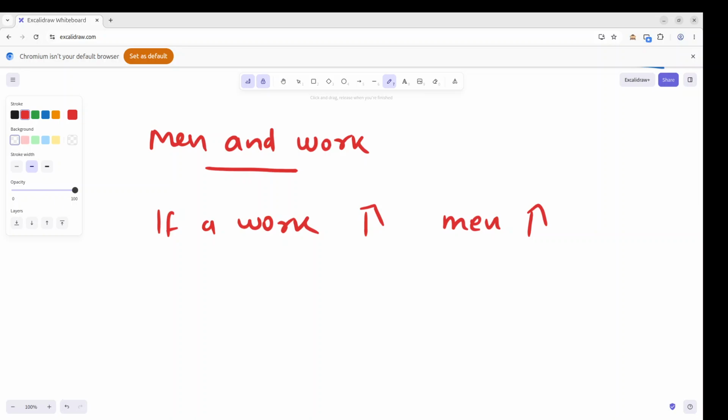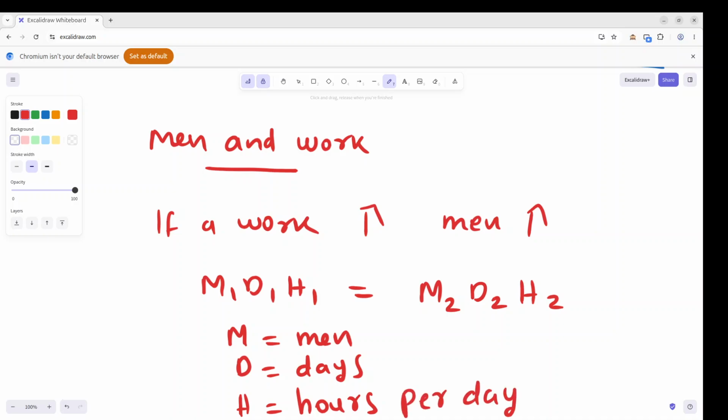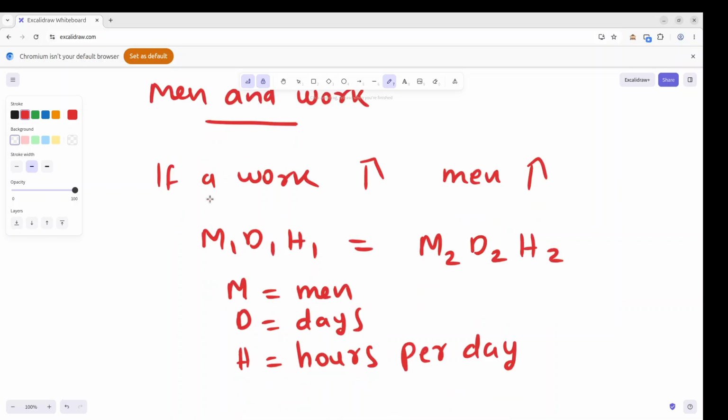So the formula is M1 D1 H1 equals M2 D2 H2, where M is men, D is days, H is hours per day. Try to focus on this formula because this can be asked in questions. Problems with this equation can be asked in exams.